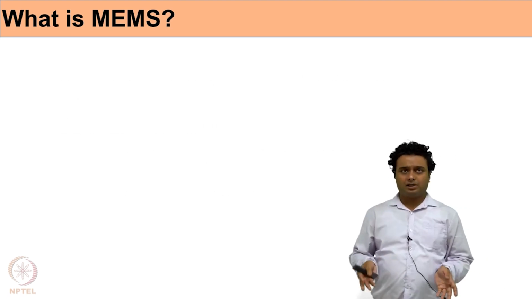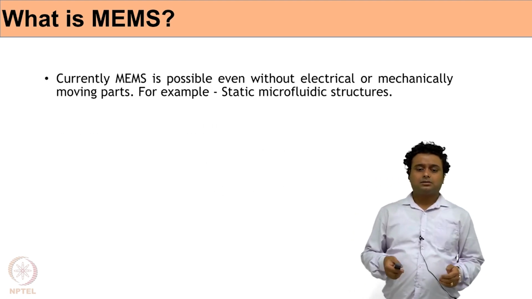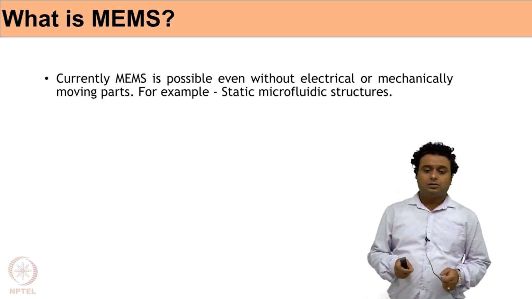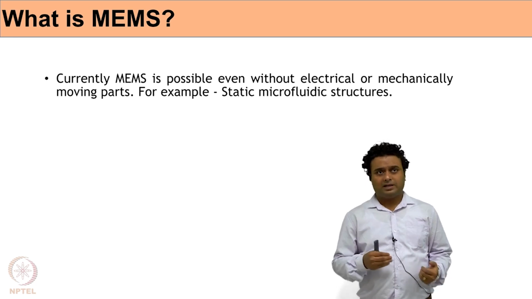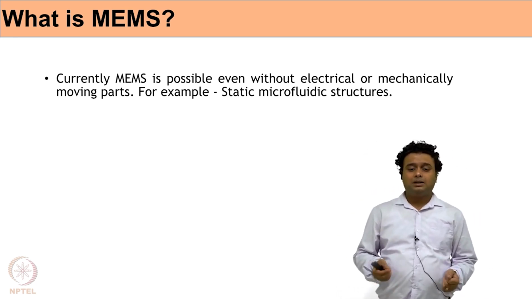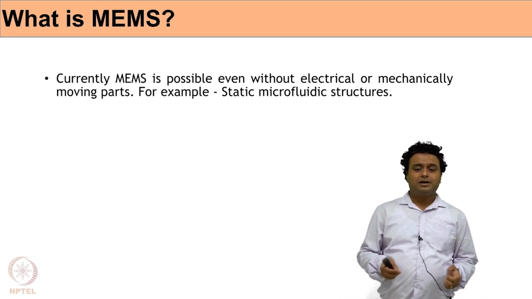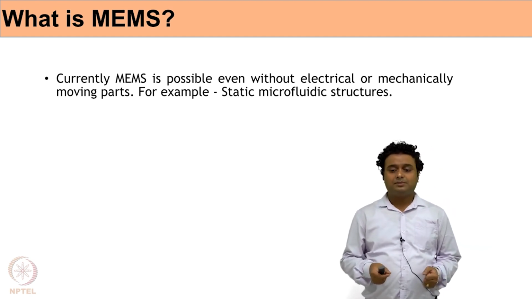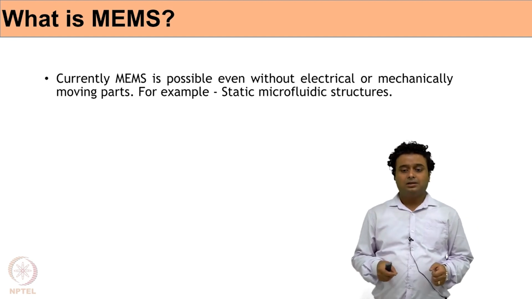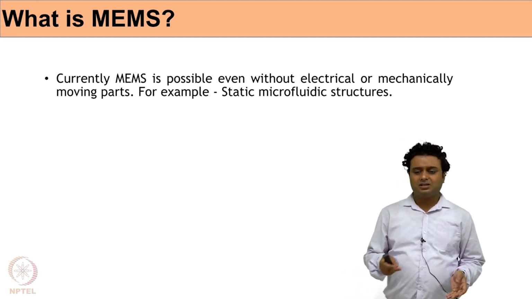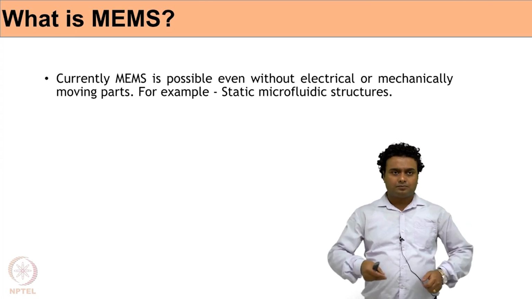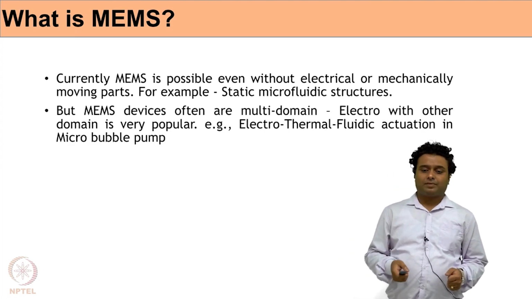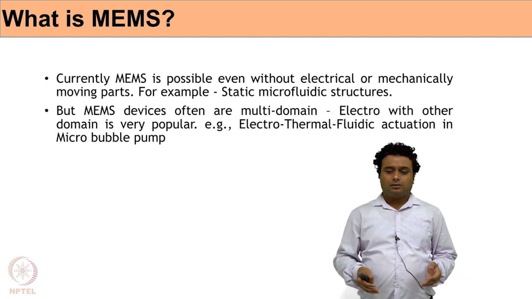Now we know the different nomenclature of MEMS, so let's talk in a little more detail about MEMS. As I am saying, micro electromechanical systems, right? But currently MEMS devices are possible even without electrical or mechanically moving parts, for example static microfluidic structures. We will discuss these things as we move on in this course.